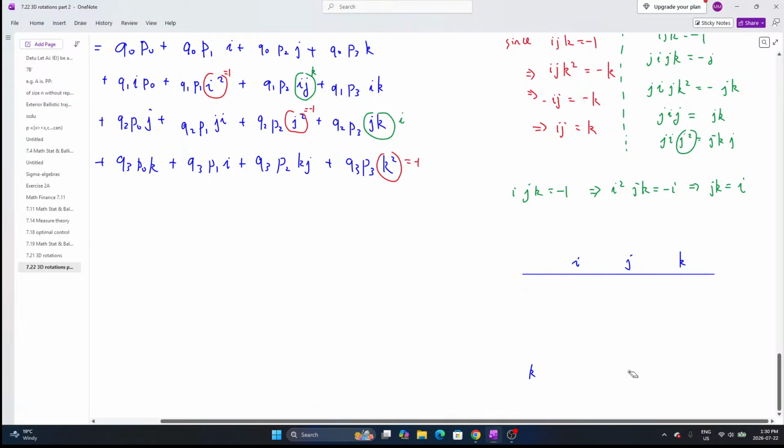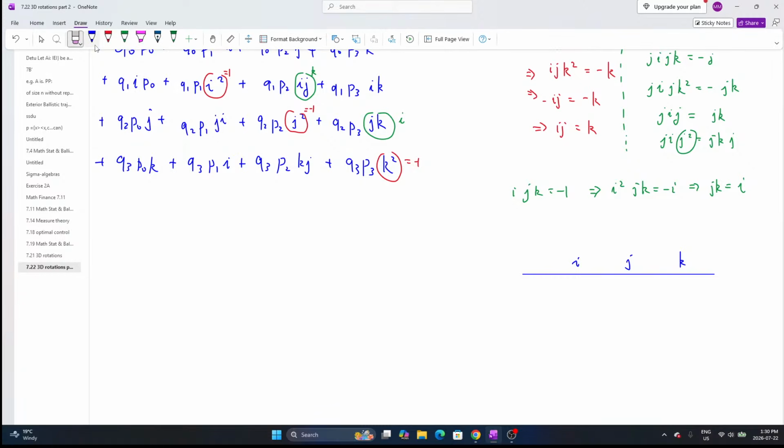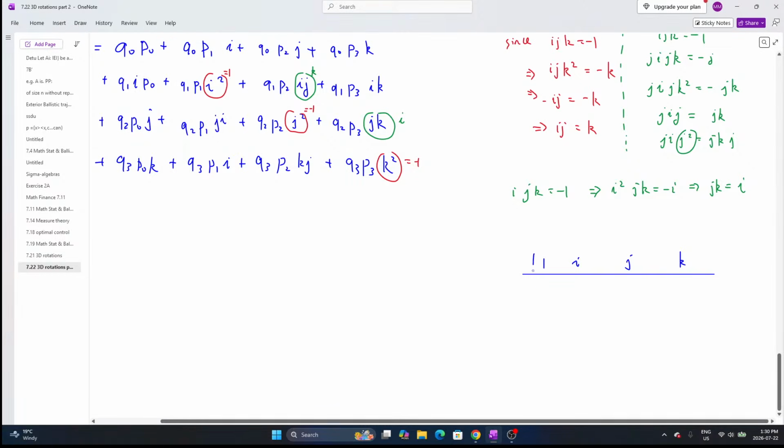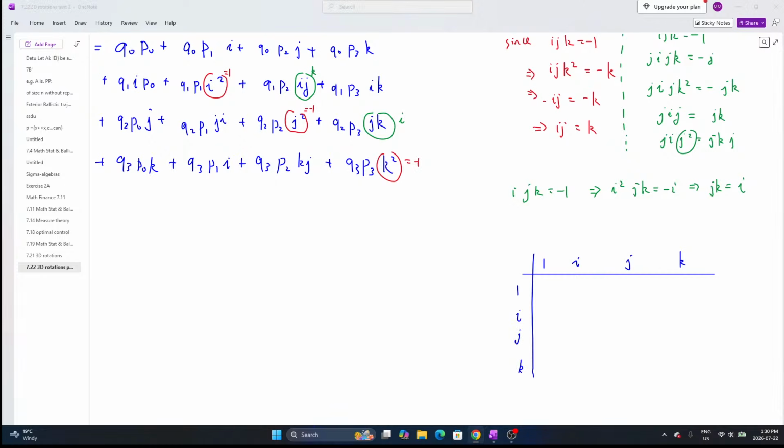To get the full table, you need a 1. So does that mean if you multiply j and 1, you get minus i as well?